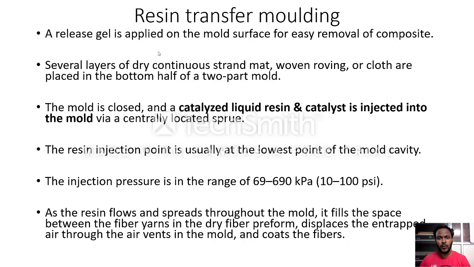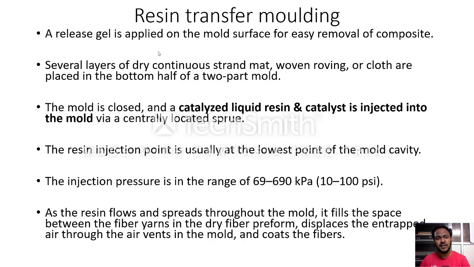Before going into the resin transfer molding, the first step is you have a mold surface. All these types of molding, similar to hand lay-up, have a mold surface. On this mold surface, you need to apply some release gel. If you apply the release gel, once the composite is manufactured, you can easily remove the composite.